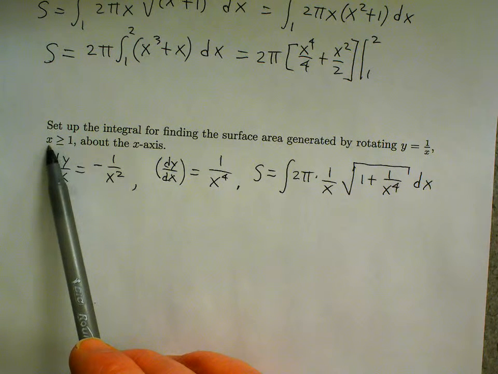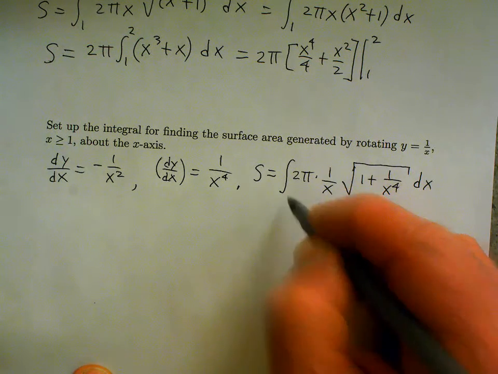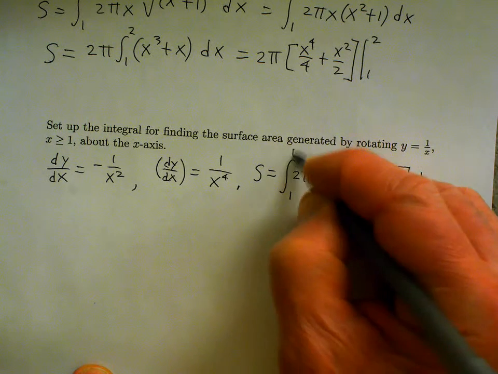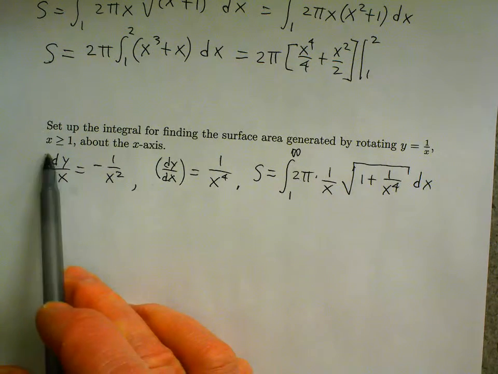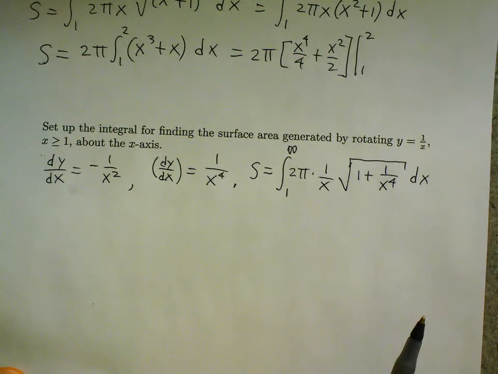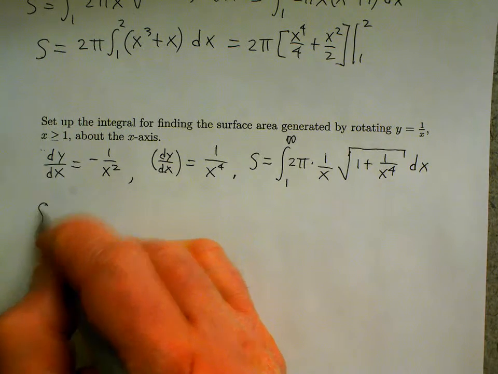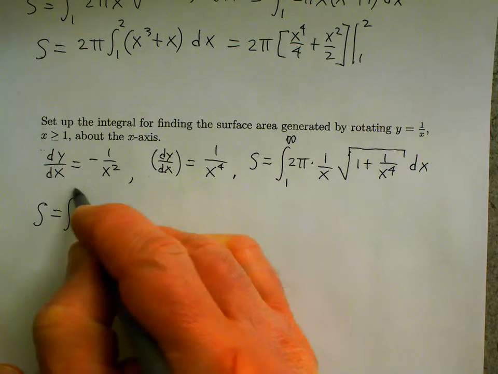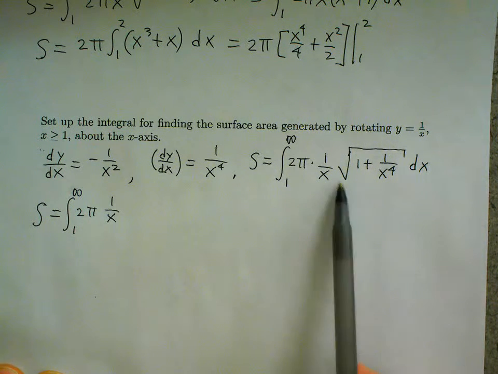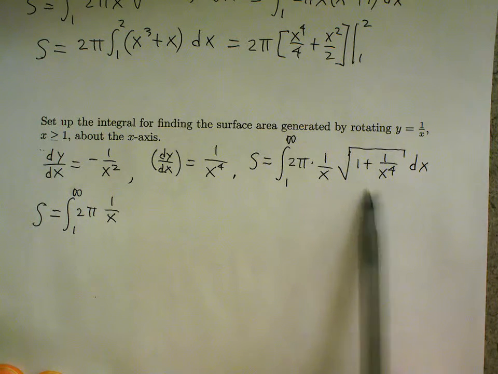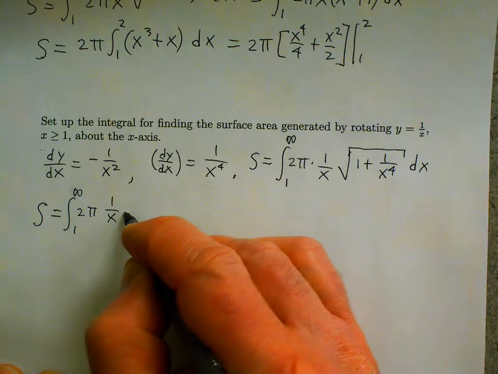Yeah, x starts at 1, and then after that it's greater than 1. So it's an improper integral from 1 to infinity. That's how we interpret x greater than or equal to 1. Okay, so let's work on the integrand a little bit. Inside the square root, 1 plus 1 over x to the 4th, we can write that as a single rational expression.